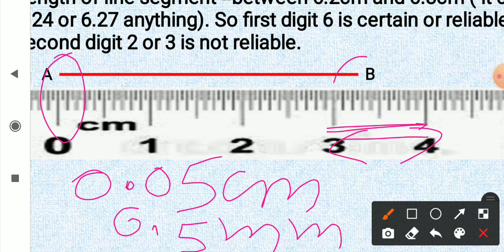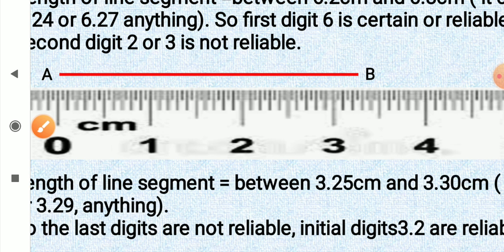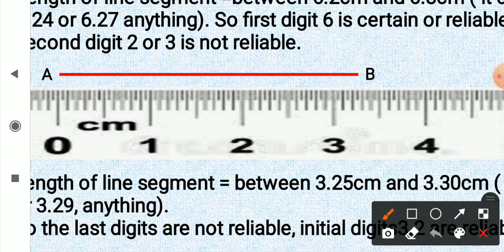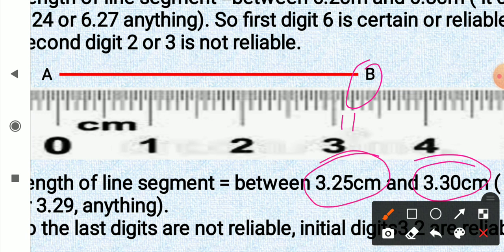Now if you look at the other end B, it is lying somewhere between 3.25 centimeter and 3.30 centimeter. So I am sure about this 3 and this 2 also, but this 0.05 is doubtful.